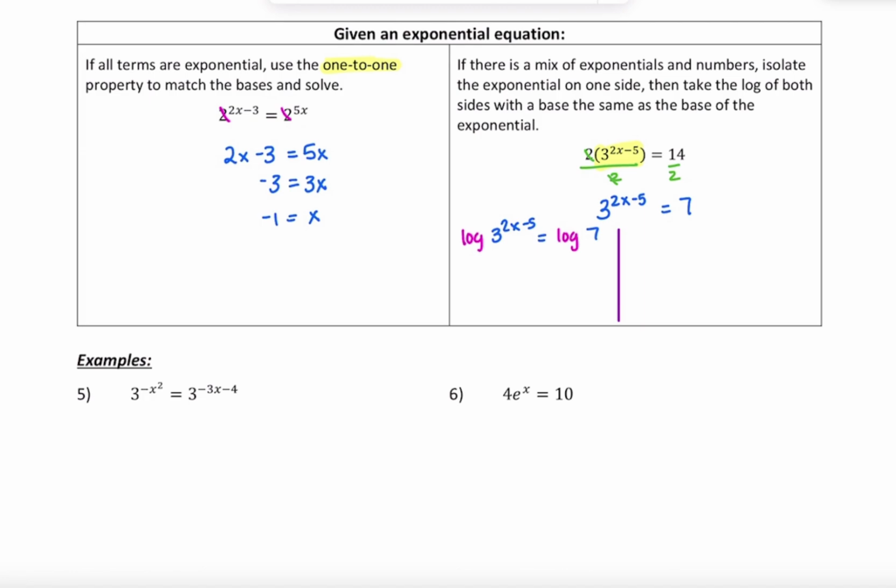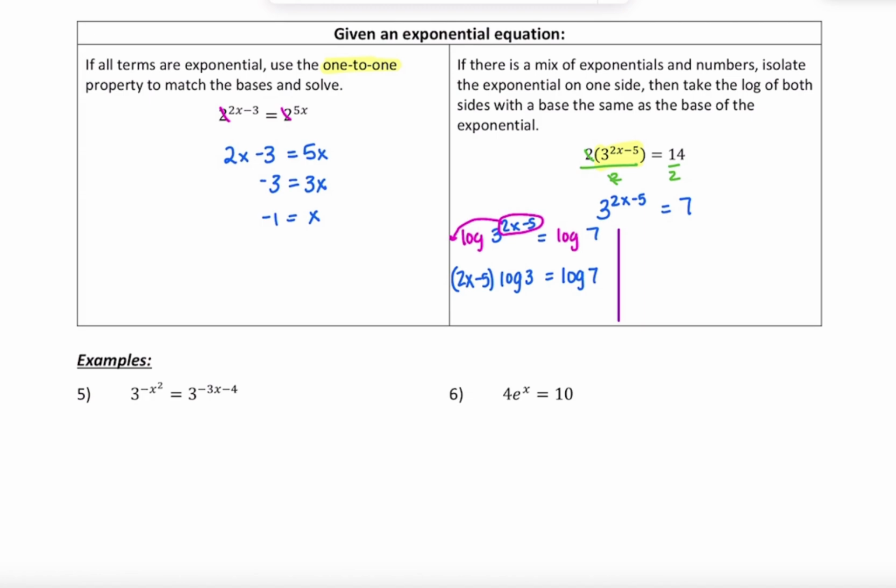Just like how you can take the square root of both sides, you can cube both sides, you can take the log of both sides. And once I do that, I can use the exponent property of logs and bring this exponent down to the front of the log. Then we would have 2x minus 5 times the log of 3, which is just a number, equals the log of 7, which is just a number.